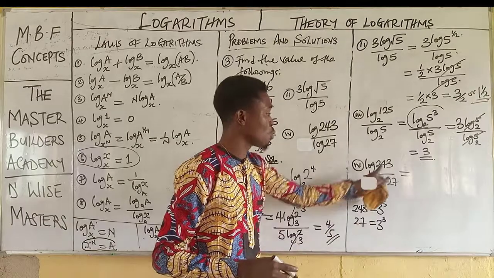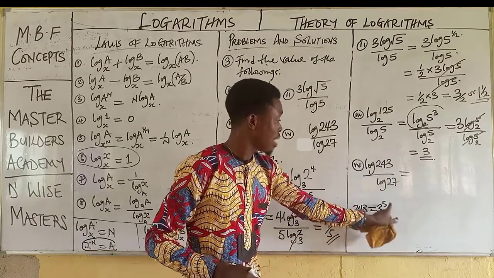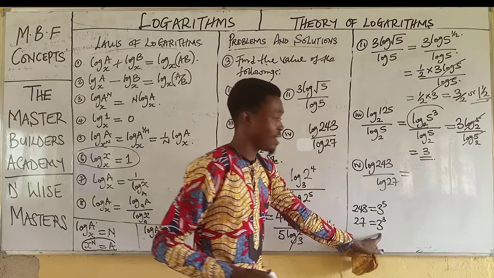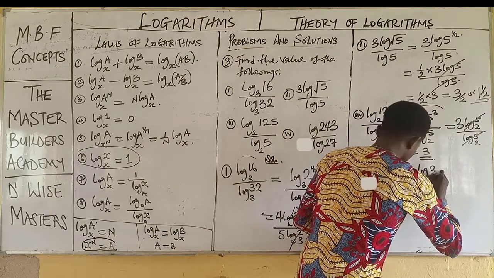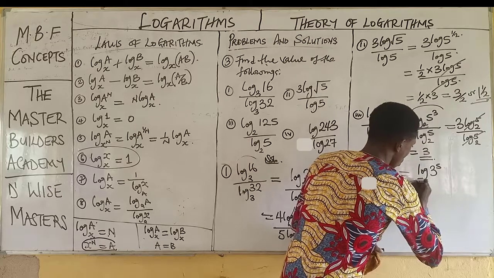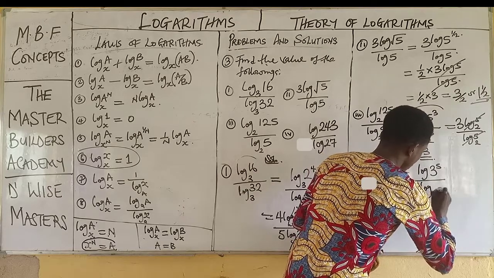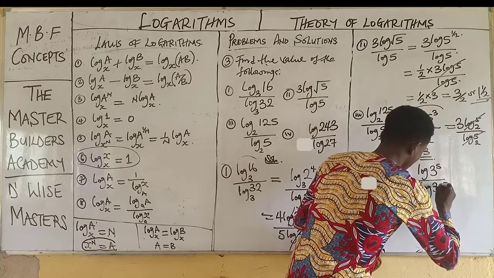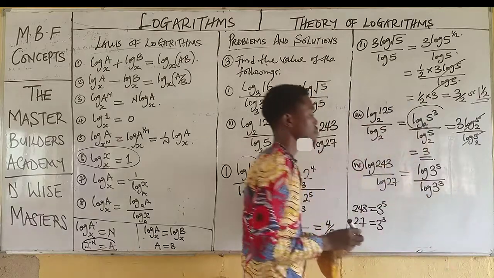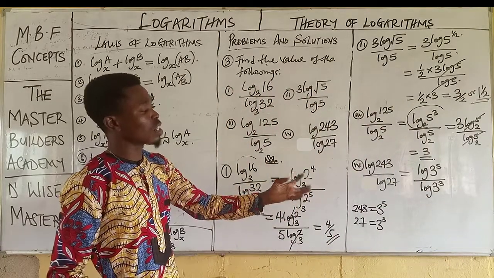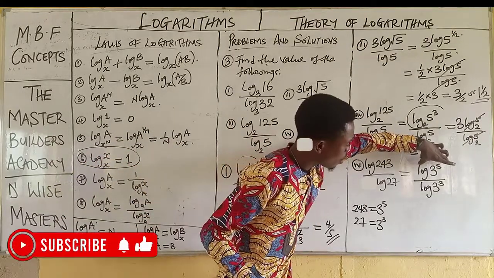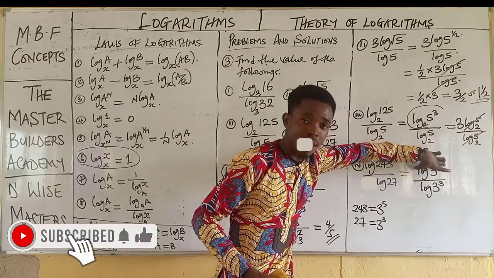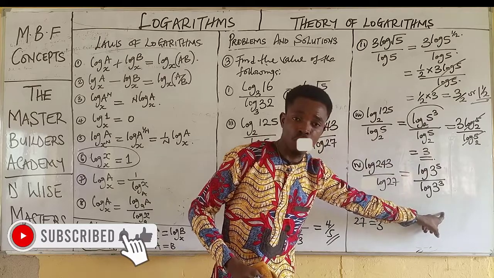So by extension, we will replace this guy by this and replace 27 by this. Then we have this as log of 3 raised to the power of 5 all over log of 3 raised to the power of 3. So now, dealing with the numerator and the denominator independently, we will check what law does the numerator agree to and what law does the denominator equally agree to.